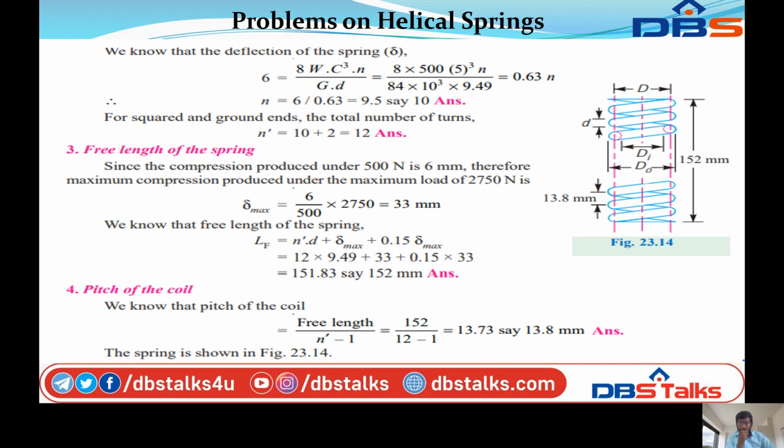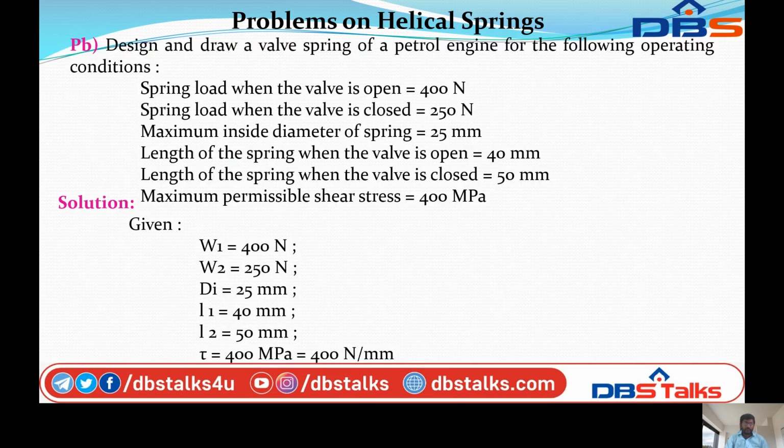So next problem: design and draw a valve spring of a petrol engine for the following operating conditions. What is given? Spring load when the valve is open, W1 is 400 Newton. Spring load when the valve is closed, W2 is 250 Newton.